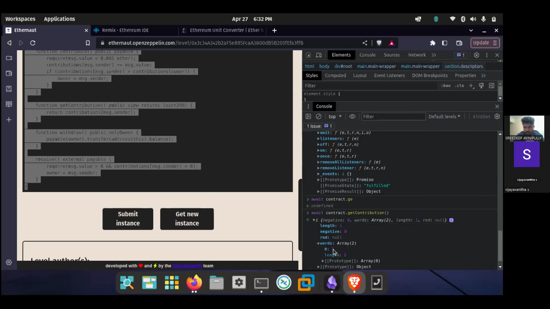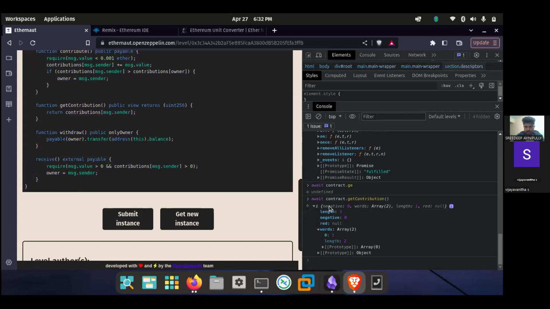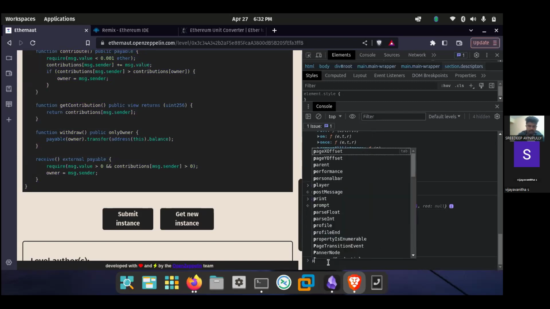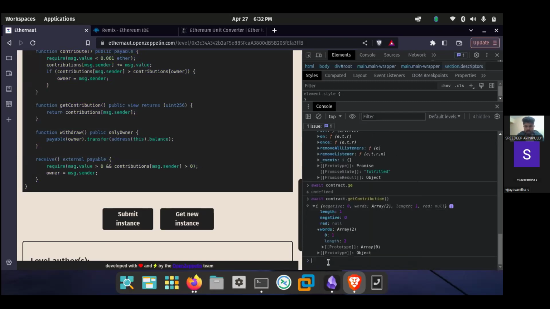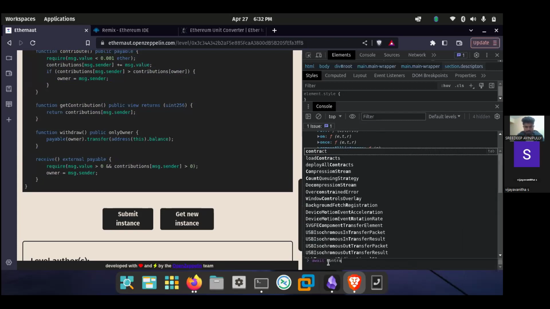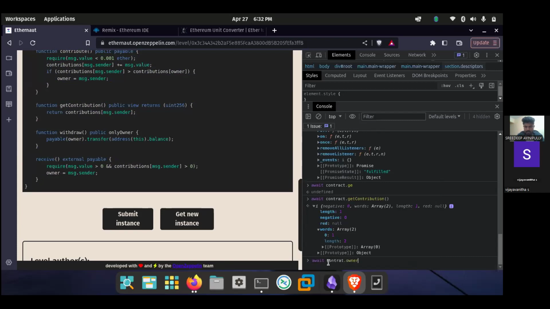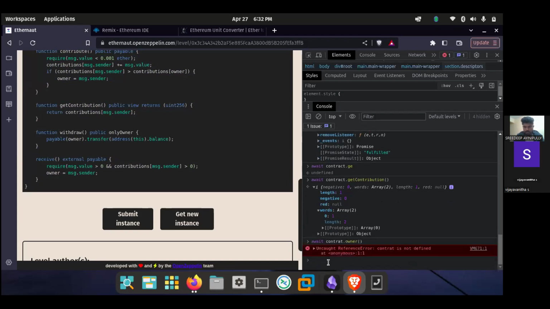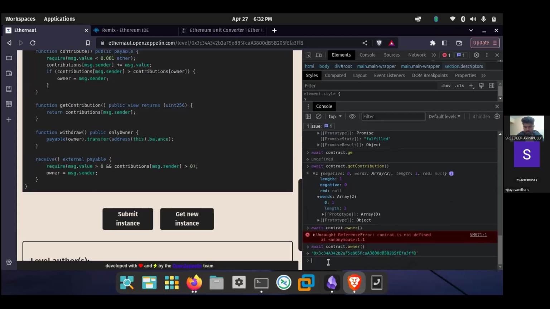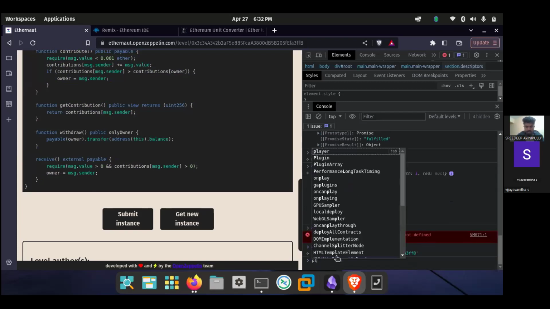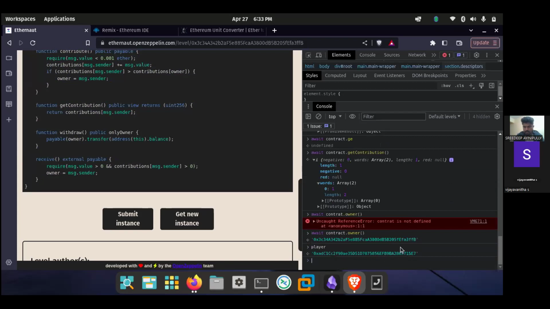Now you have successfully given one ether to this contract. Let's check again: the owner is not equal to the player. Contract dot owner. Yes, the player is not equal.